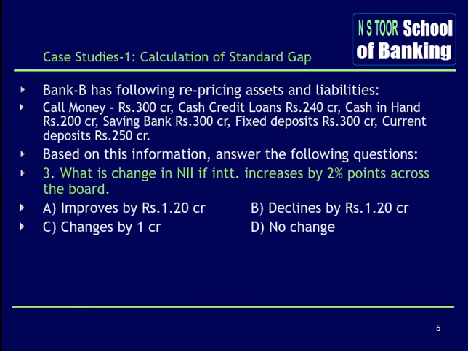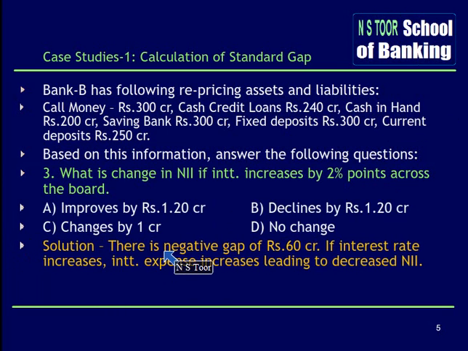Let us see the solution. So there is negative gap of 60 crore. We have already seen if interest rate increases, interest expenditure will increase more than interest receipt.